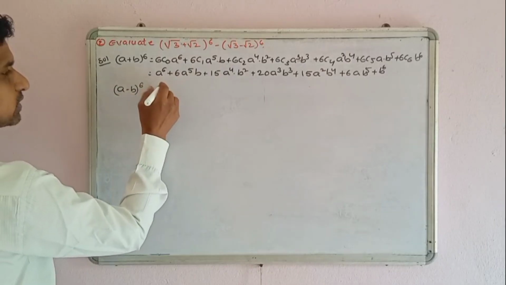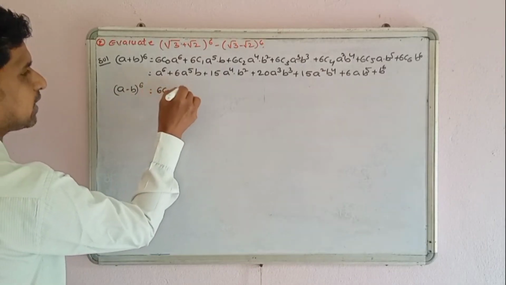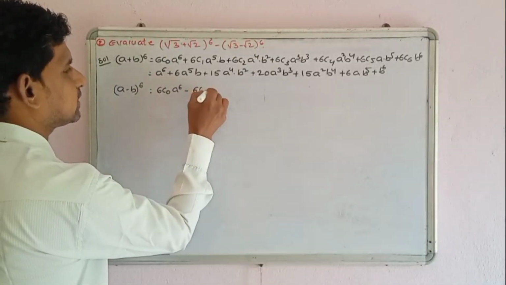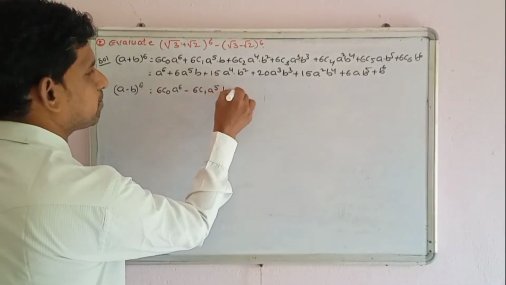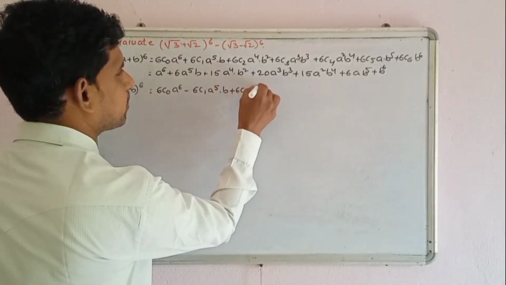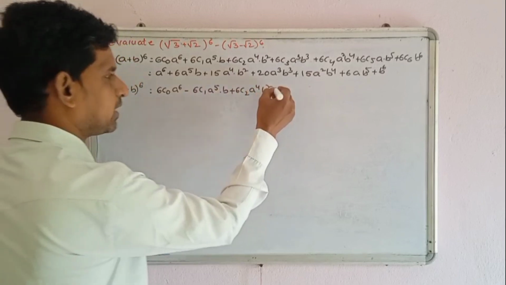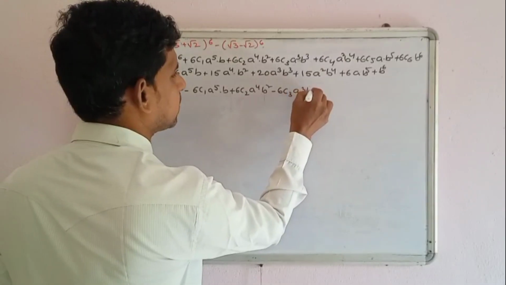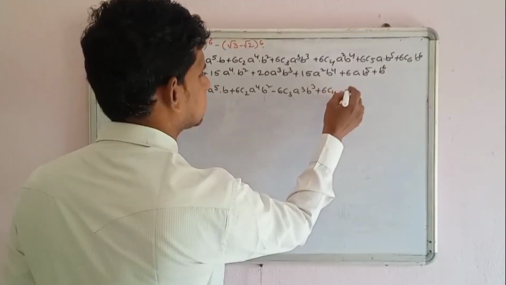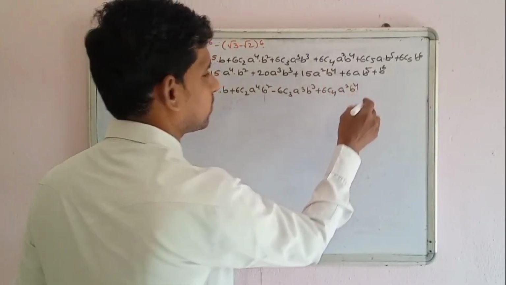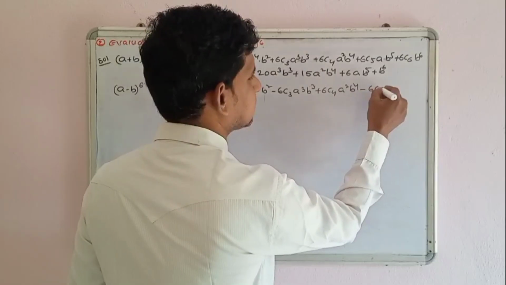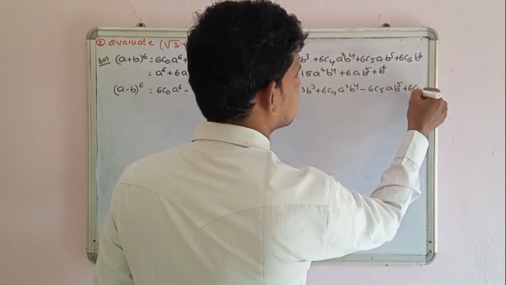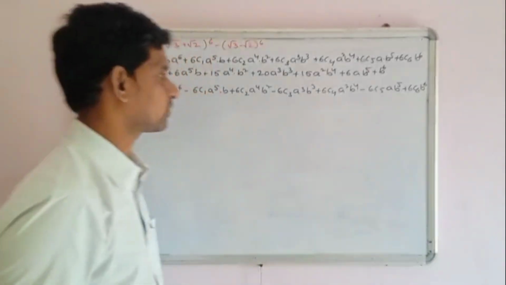So (a minus b) whole power 6, same concept. 6c0 a power 6 minus 6c1 a power 5 b plus 6c2 a power 4 b square, again minus 6c3 a cube b cube plus 6c4 a square b power 4 minus 6c5 a b power 5 plus 6c6 b power 6.